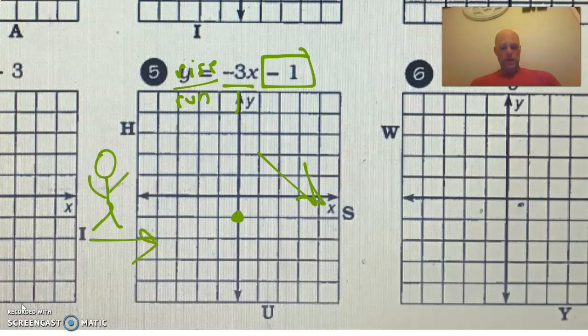So -3, then 1, 2, 3, and we've got to be going in this direction, so it's going to be +1 right there. There you go. Alright, so let's connect those like so.